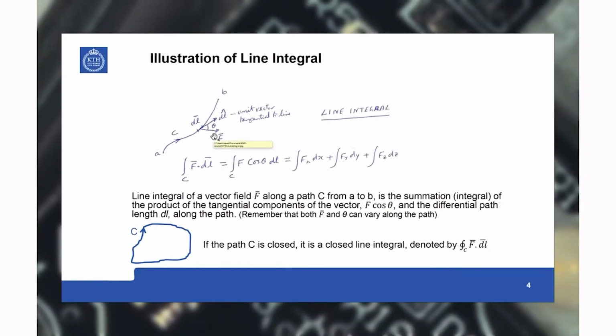Now let's see what is the meaning of the line integral indicated by a path C from A to B of the vector f.